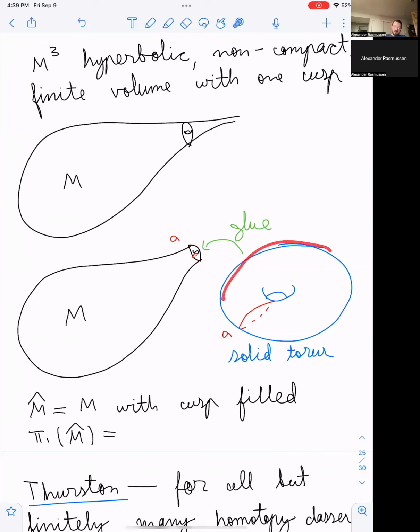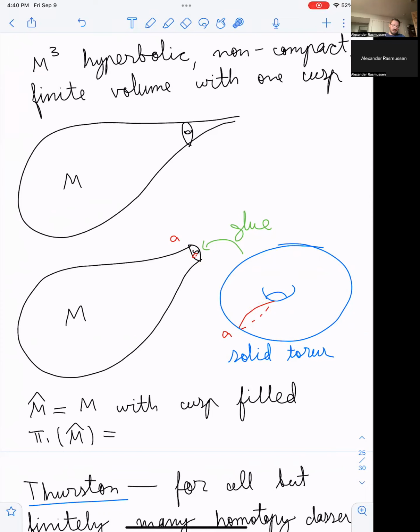So it turns out there are a lot of different ways to do this because you have to choose some homeomorphism from the boundary of your solid torus to the boundary of your manifold. In particular, there's a curve on the solid torus which bounds a disk.